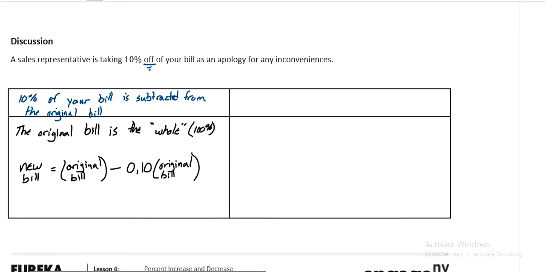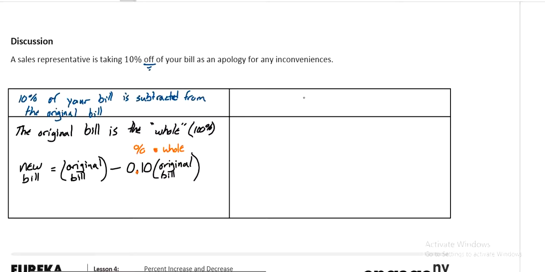And there we go. So we're doing the original bill minus 10% of it, because remember, you find the part, so in this case the 10% of your original bill, by multiplying the percent as a decimal by the whole. All right. So that would be one equation to suit this situation. One way of thinking about it.